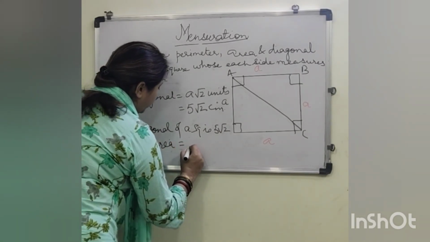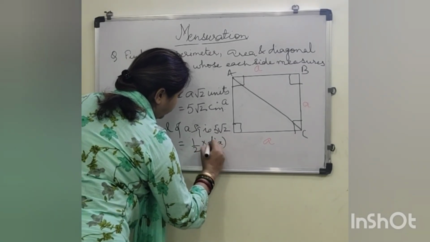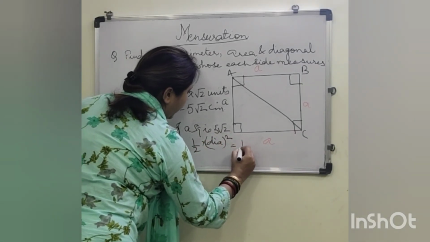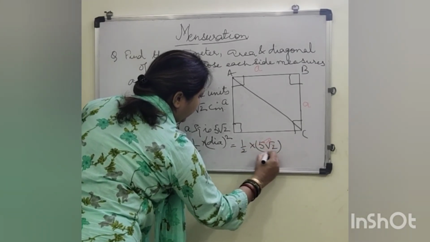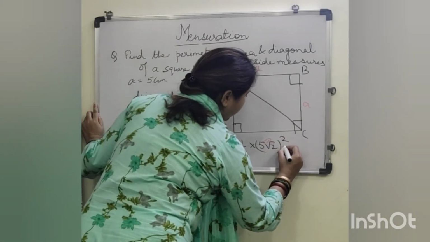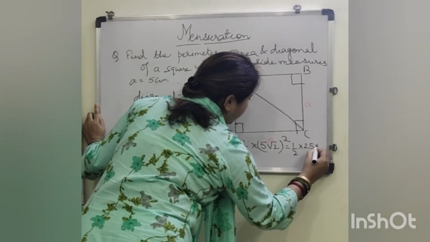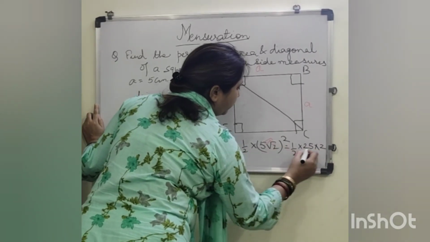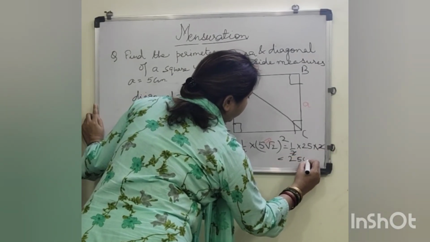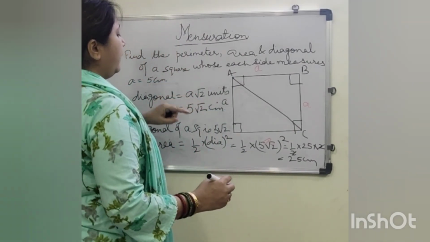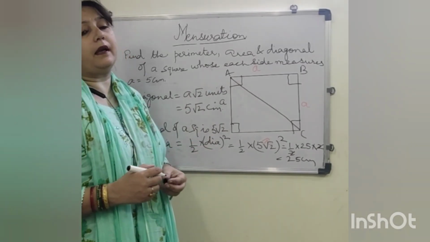Then area is equal to half into diagonal square, that is half into 5 root 2 whole square, which is half into 25 into 2. When you square, this root will disappear. 2 and 2 cancel, 25 centimeter square. You can check from previous part that area came 25 centimeter square. Here also area came 25.